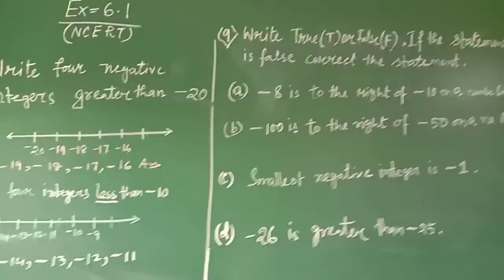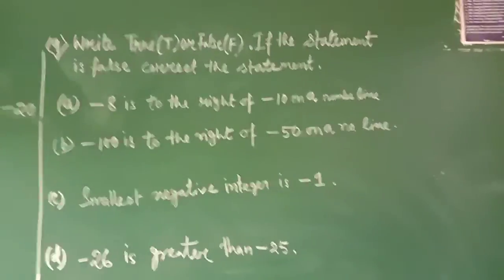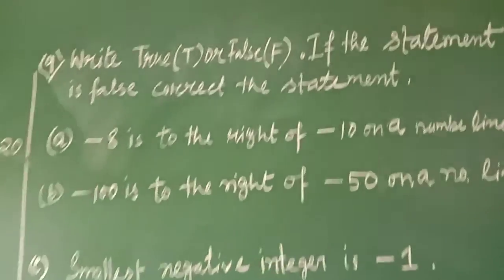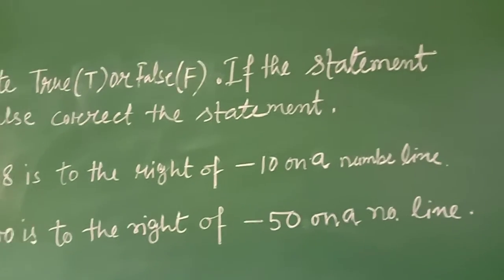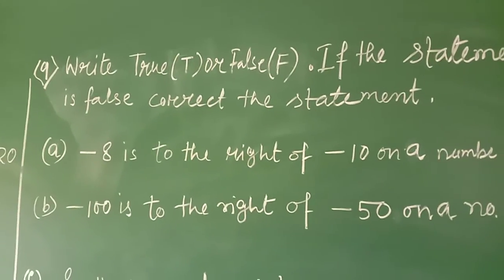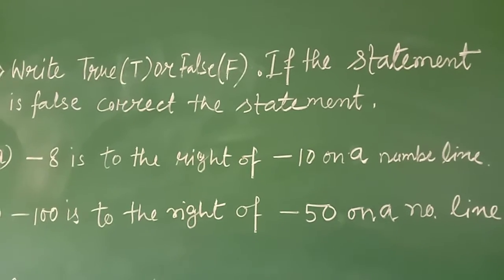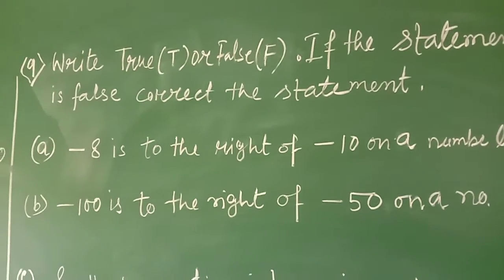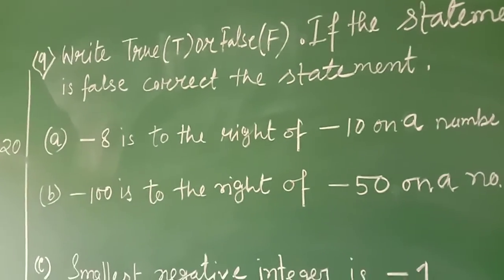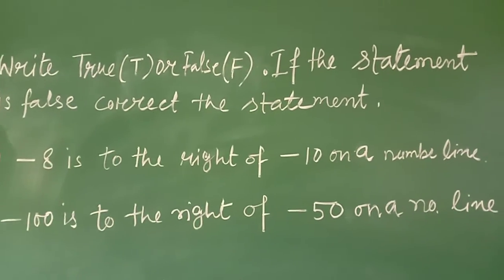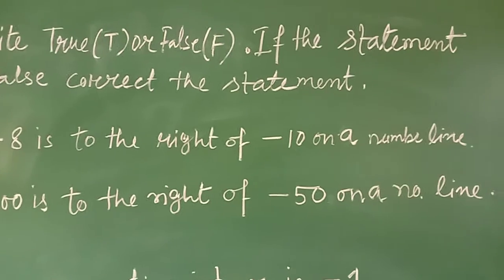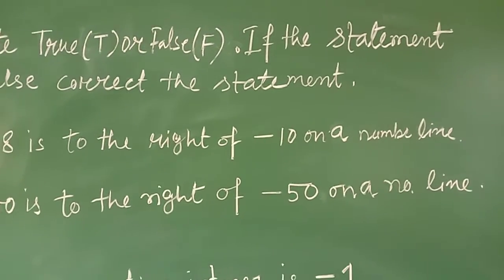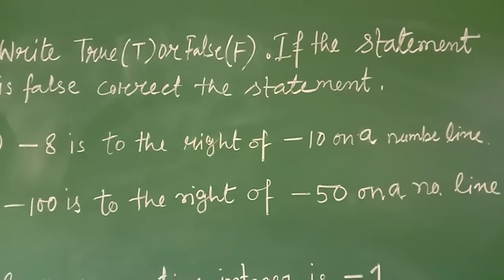The next question is: write true or false. If the statement is false, correct the statement. They have given you this responsibility. You can write true or false, but you have to correct the statement which is false.